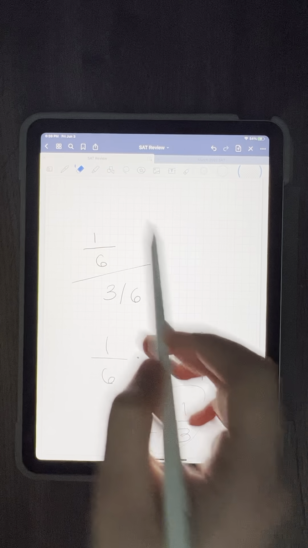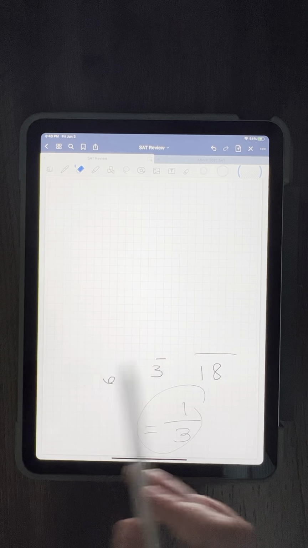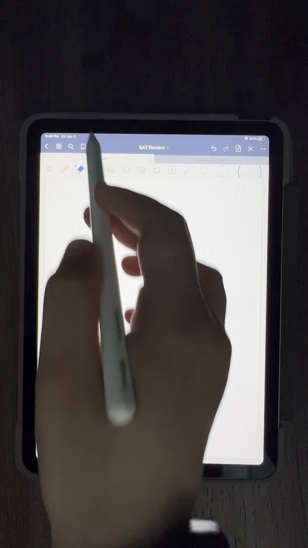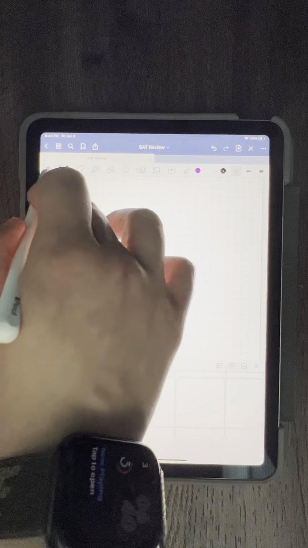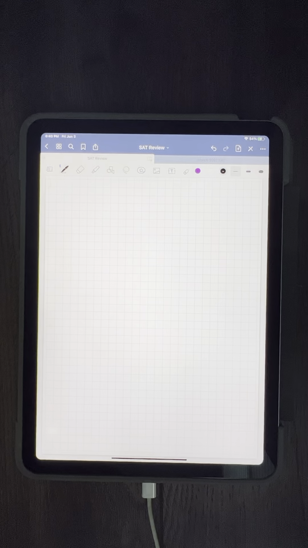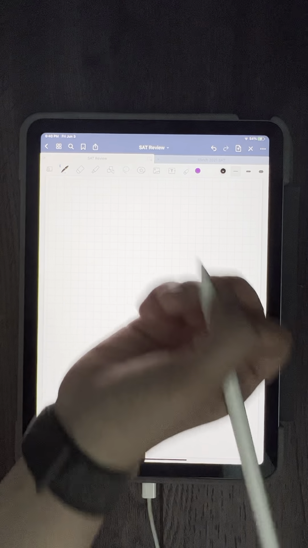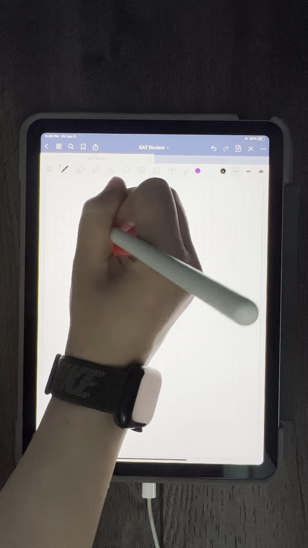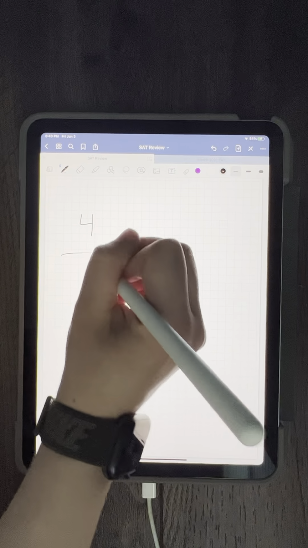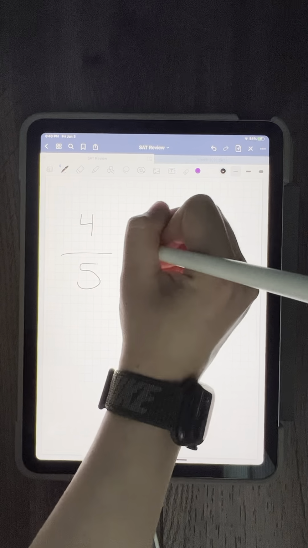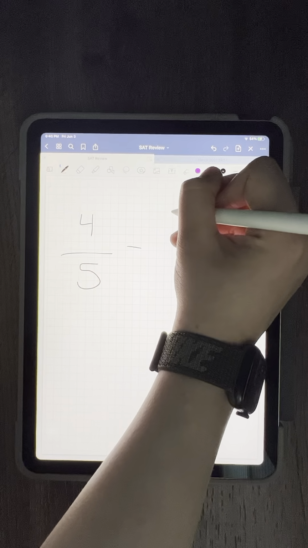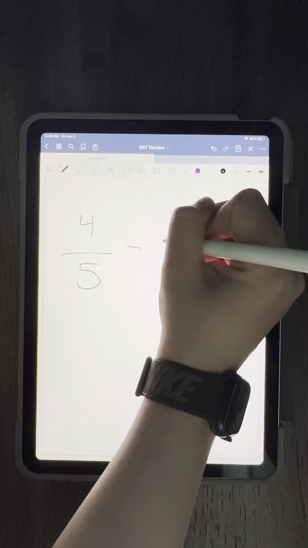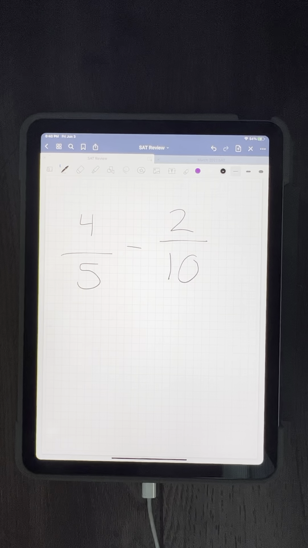And then there's other things that you need to know how to do, and that is how to add and subtract fractions. Because if they don't have the same denominator, then how are you supposed to add them? You try to find the least common denominator, the LCD. So if you have, let's say, 4 over 5 minus, let's say, 2 over 10, this one looks really easy, but it's just an easy way to know how to do it.